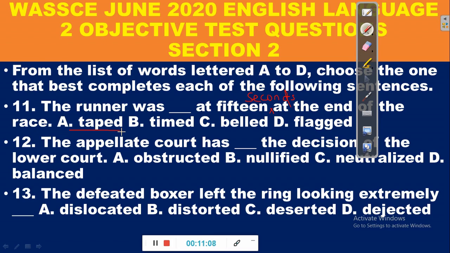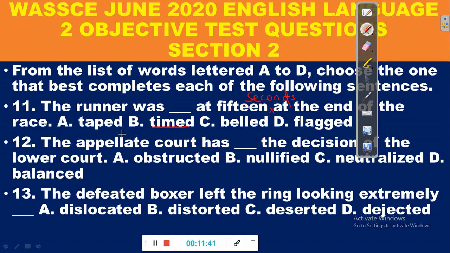For instance, you can have a picture taped to the wall, so that obviously doesn't fit in here. We cannot say the runner was taped. The meaning doesn't fit because we are talking of a race. So let's wipe the first one because that's not the exact option.